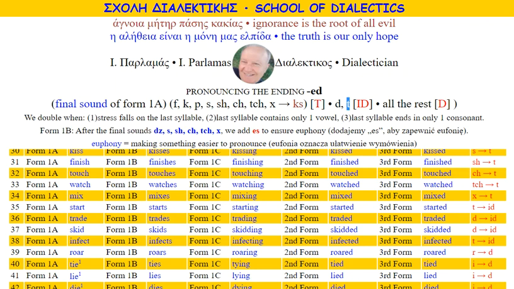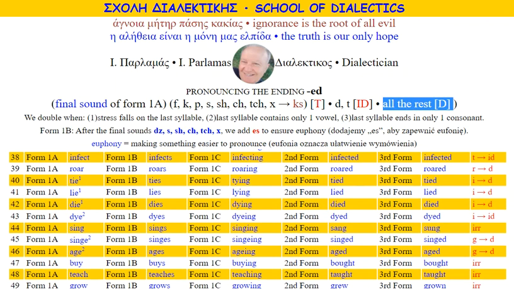Infect, infects, infecting, infected, infected. We are here. Now, roar, last sound is R. Roar, roars, roaring, roared, roared. Last sound R, it's pronounced like D. We are in this category here.